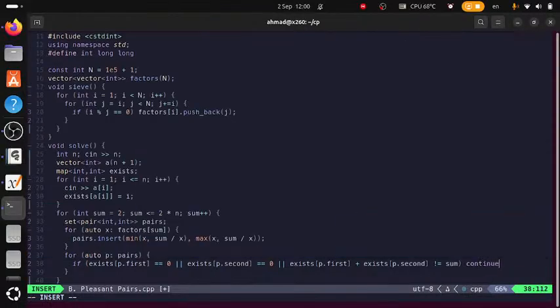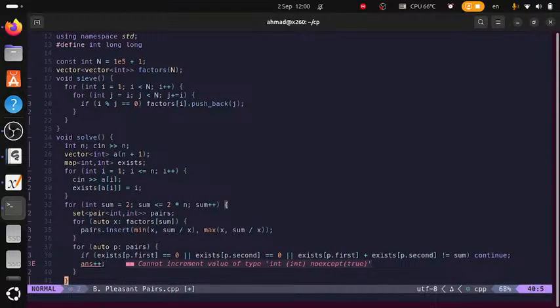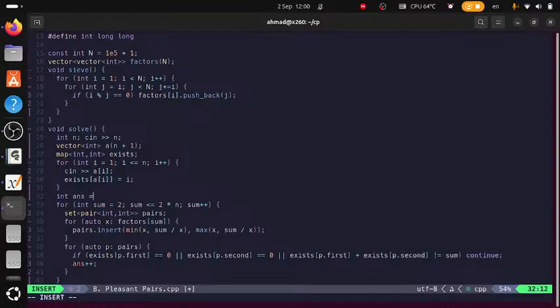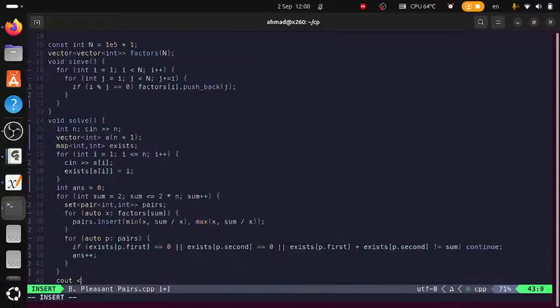Then we, otherwise we, right. I think that is how we solve this.